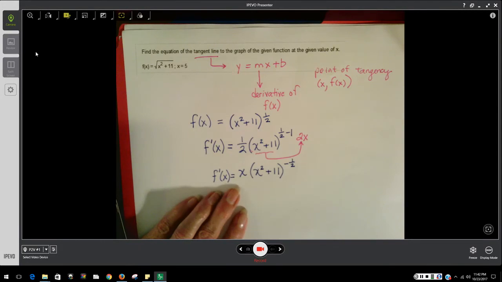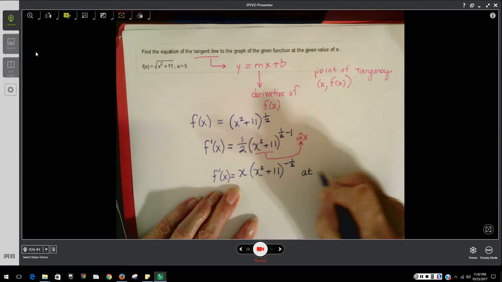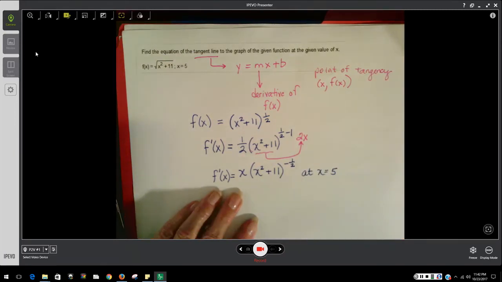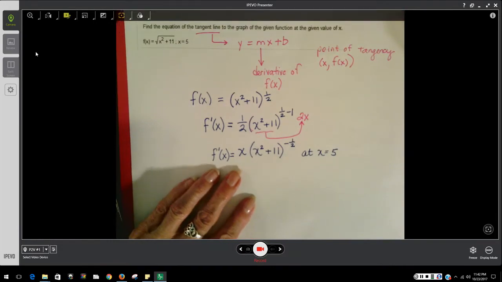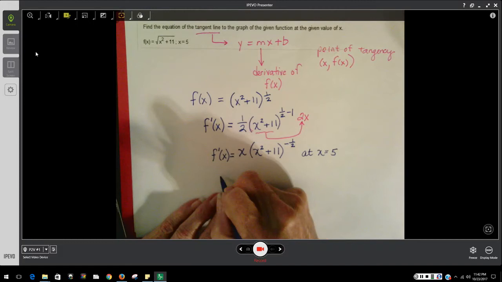And then we're given that the point of tangency is x equals 5. So we need the value of the derivative at x equals 5. So that means we're going to substitute in 5.